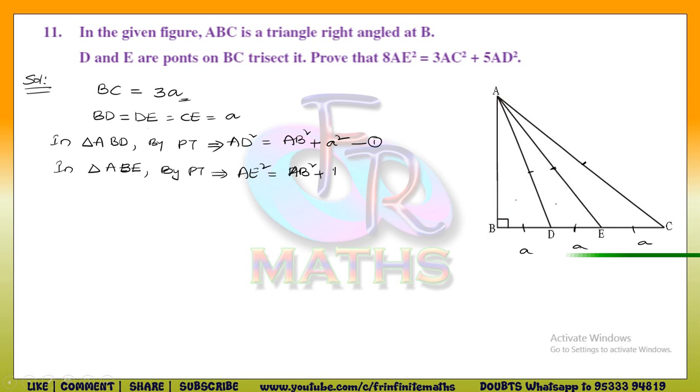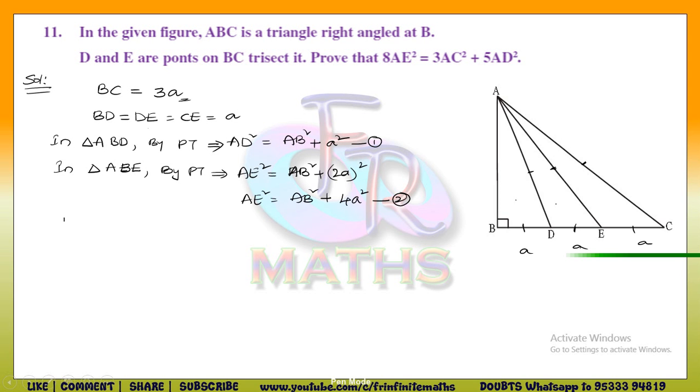BE is nothing but 2A, so 2A whole square. So this gives me AE square is equal to AB square plus 4 times A square. Let this be equation number 2.